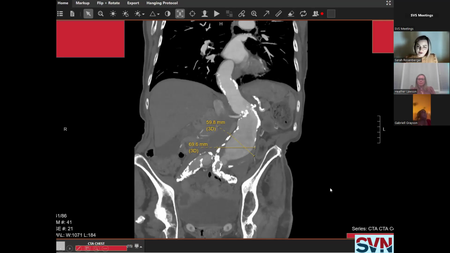The second pitfall, which I didn't even mark on here, that radiologists love to do is give you the length of the aneurysm. The length of the aneurysm is important if the surgeon is planning a surgery and sizing a stent, but it has no relation to whether or not the aneurysm is going to rupture. They will give you a measurement that would probably be something like 11 centimeters long. And all the patient reads is, I have an 11 centimeter aneurysm.